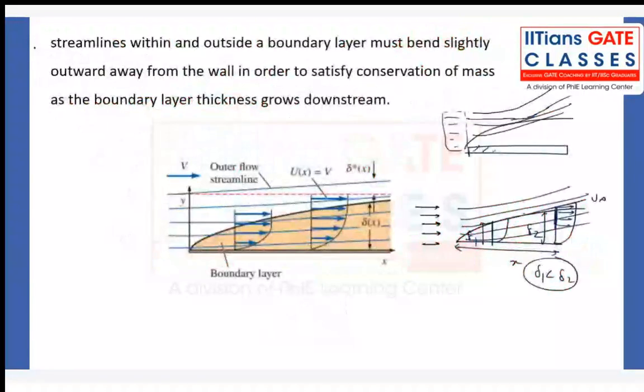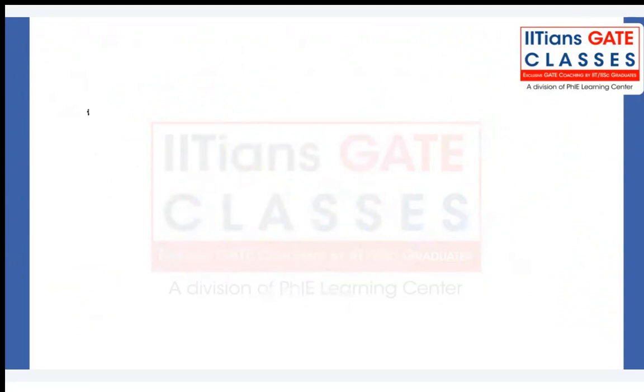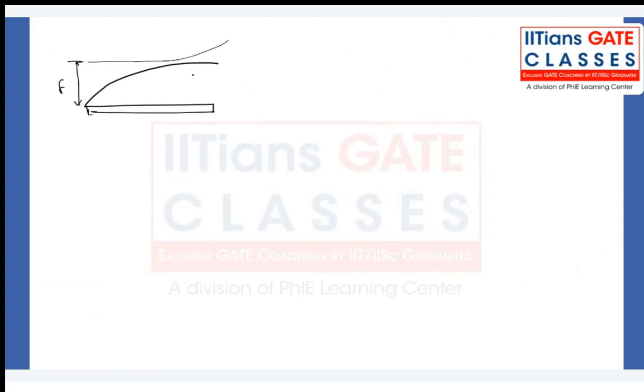Now what I'm saying is, to satisfy mass flow rate conservation, the streamlines will be getting shifted like this, and it is provided from here to here. Above the boundary layer, we know that the fluid will flow with the same uniform velocity. Here this is delta, right?